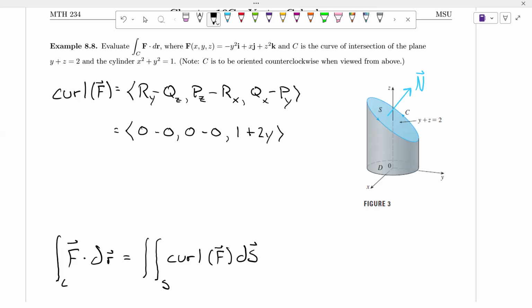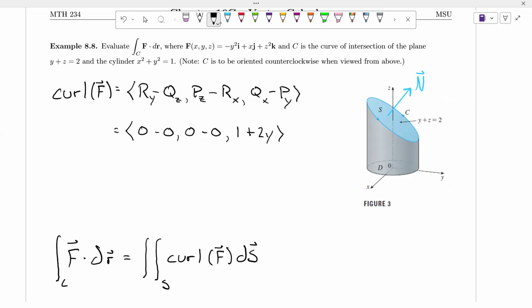Then we want to come up with a normal vector because we're going to be integrating a surface. We're going to be evaluating a surface integral where we have an explicit function. It looks like the surface that we're going to want to integrate on is that plane, which planes can be an explicit function.